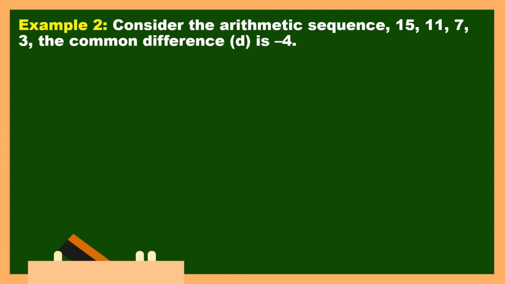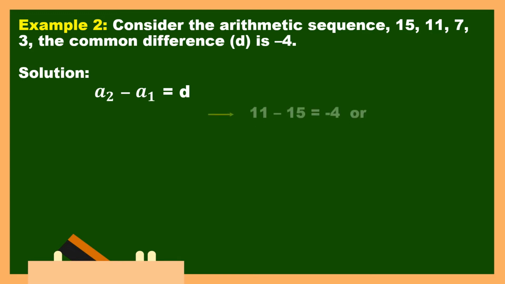So ngayon, ang gagawin natin, kailangan nating i-prove na ang common difference nga talaga ng given arithmetic sequence ay negative 4. At para ma-prove yun, we will subtract the first term from the second term. So ang ating first term ay 15 at ang ating second term ay 11.